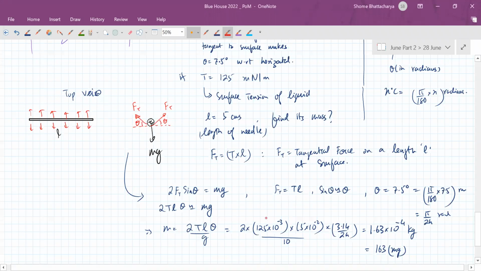So everything is in SI units here. This is in newtons per meter. This is in meters. This is in radians now. Okay. And this is in meters per second square.